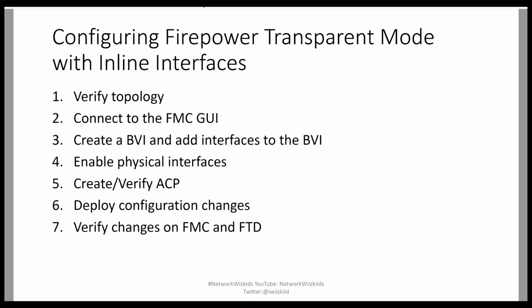Once you've configured transparent mode, as we did in the previous video, step 1 is to verify the topology. Although it operates at layer 2 and acts as a bump in the wire, it's still relevant to check where you're deploying your transparent firewall to make sure that it slots in nicely.